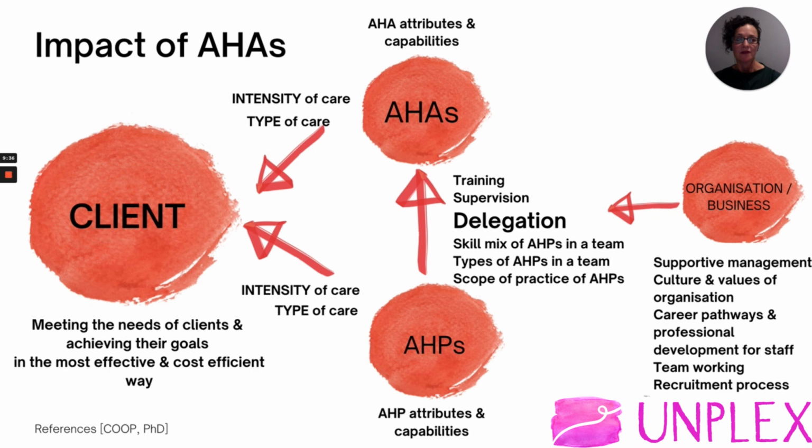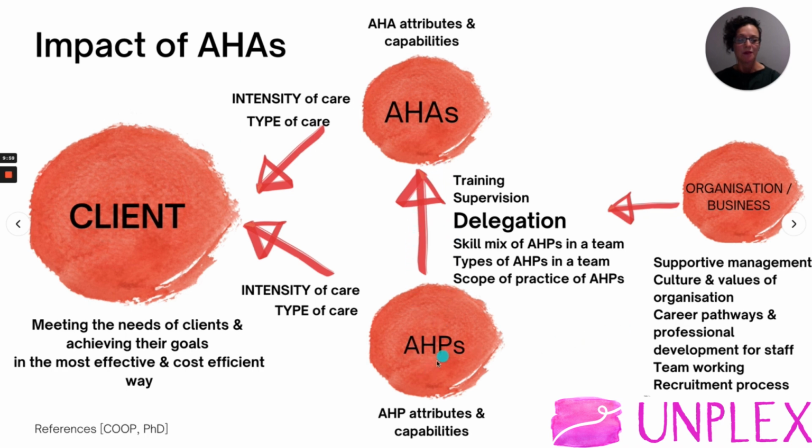So in the first diagram that looked like this, we just saw allied health assistants and how they can potentially impact client outcomes. This diagram demonstrates, however, that allied health assistants can only deliver good therapy and a higher intensity of care to the client if these things are in place.